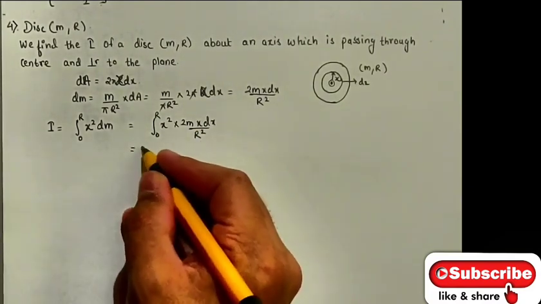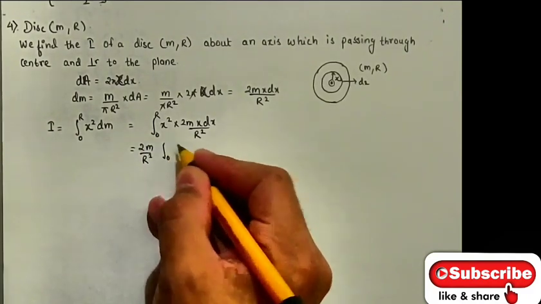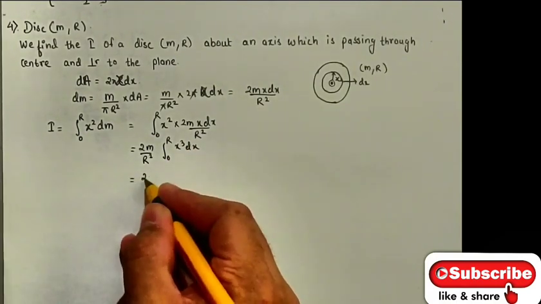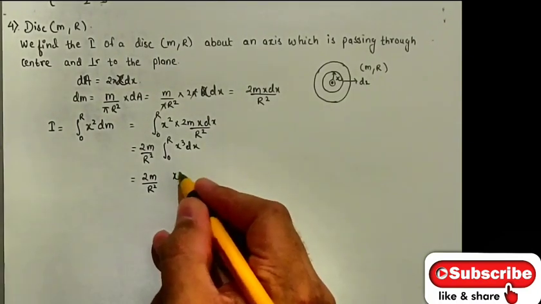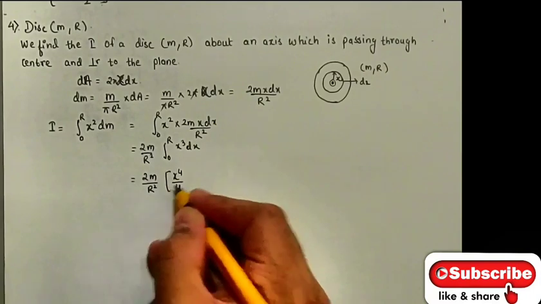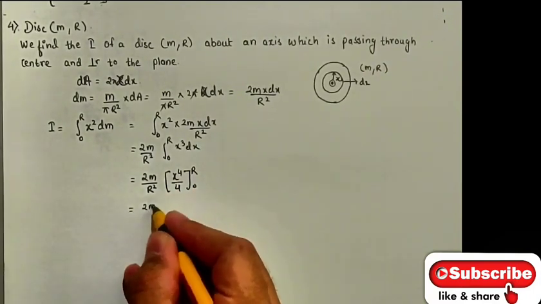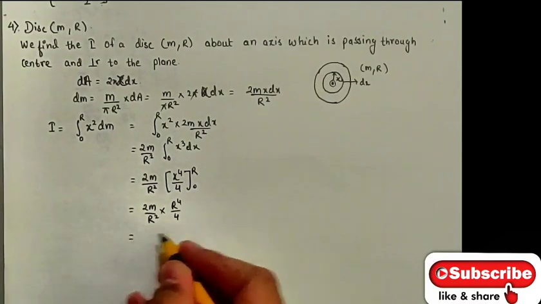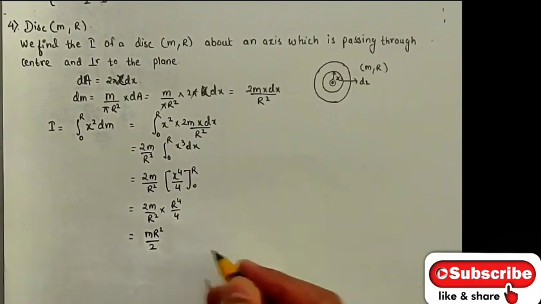We take 2m by r square out of the integral, and we have the integral from 0 to r of x cube dx, which is equal to 2m by r square into x to the power 4 by 4, from 0 to r. We put in the limits and get 2m by r square into r to the power 4 by 4. So we get the answer as mr square by 2.